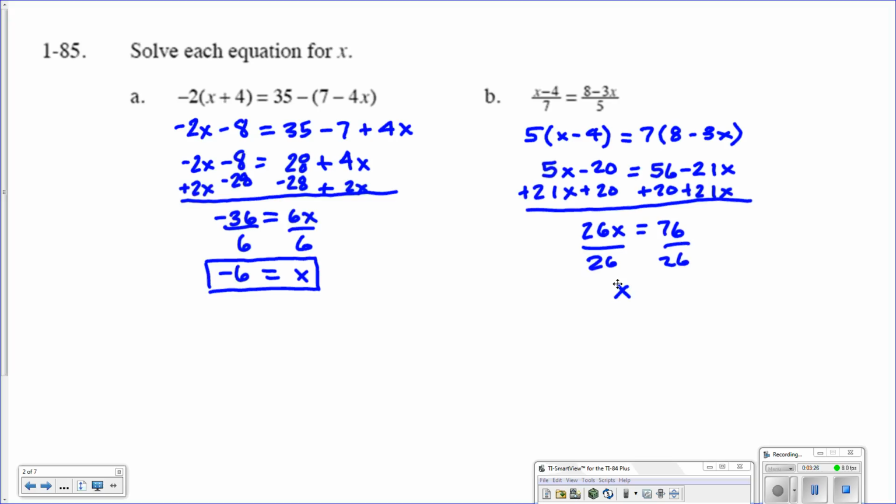And I have x equals, and I probably want to reduce this down. They're both even, so I know that 2 goes into those. So I'm going to say 2 goes into 76 about 38 times. And 2 goes into 26 13 times. So we should get 38/13 right here.